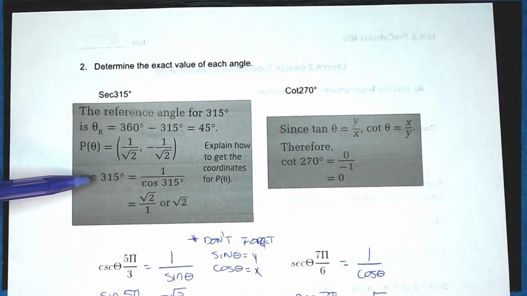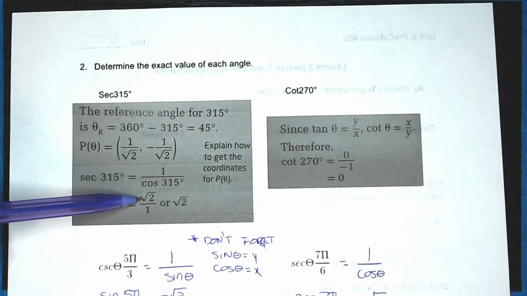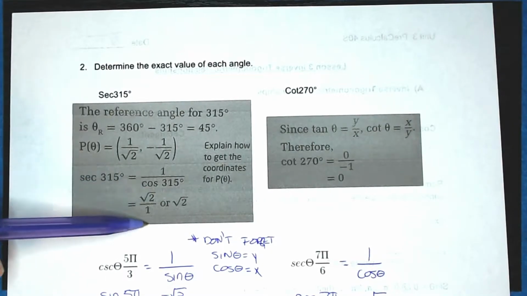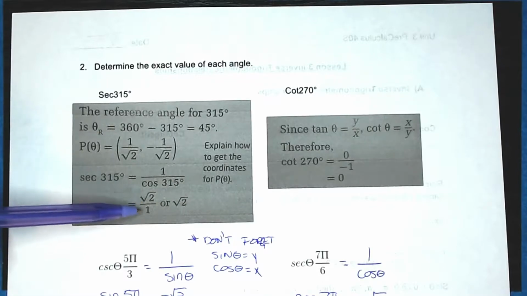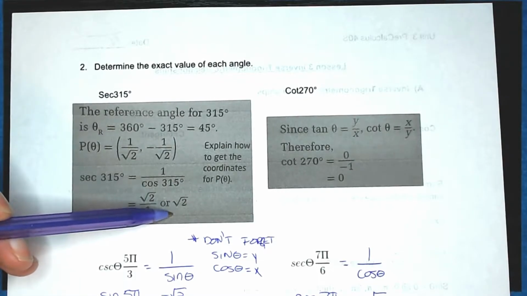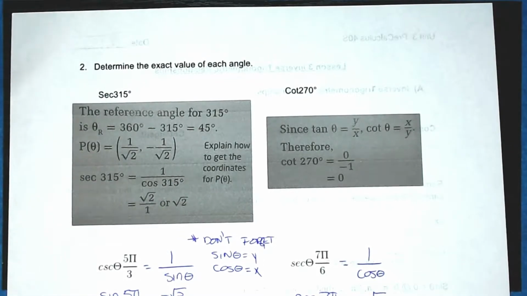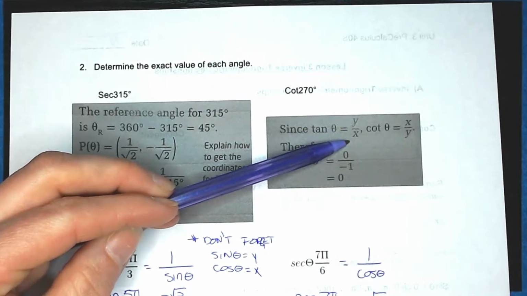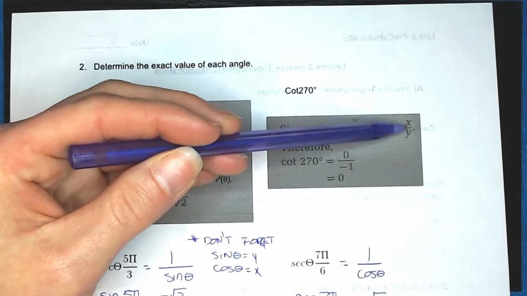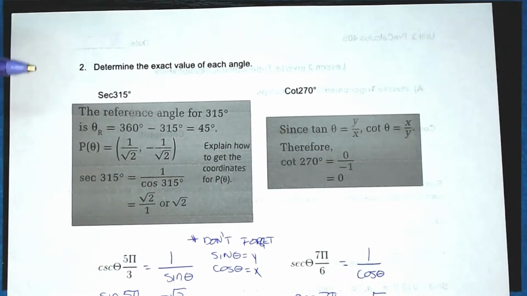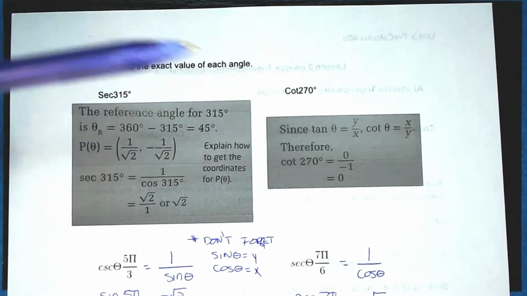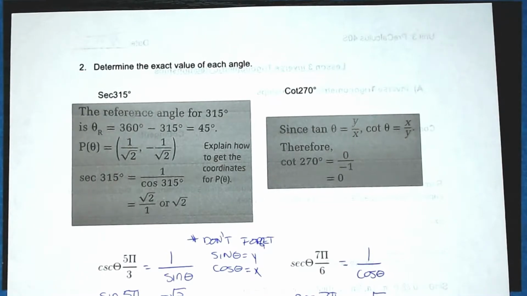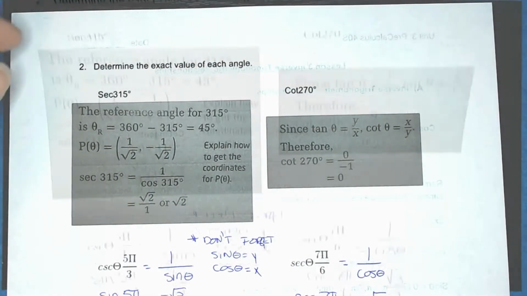And your secant 315, all you're doing is taking that x value and flipping it over, root 2 over 1 or root 2. Cotan is much the same. Tan of theta equals y over x. So to get the cotan of theta, you just flip it over and get x over y. And therefore, the cotan of 270 is 0 over -1, which of course is equal to 0.